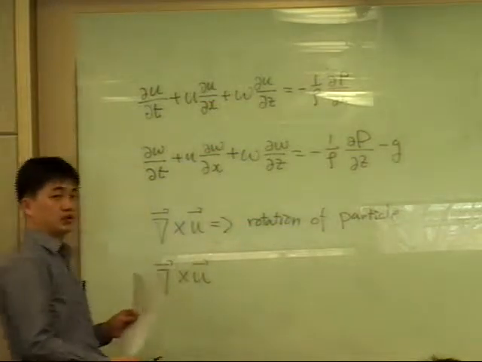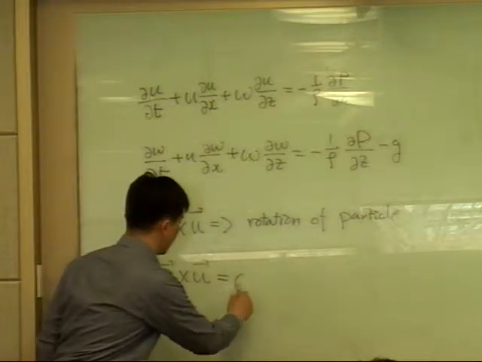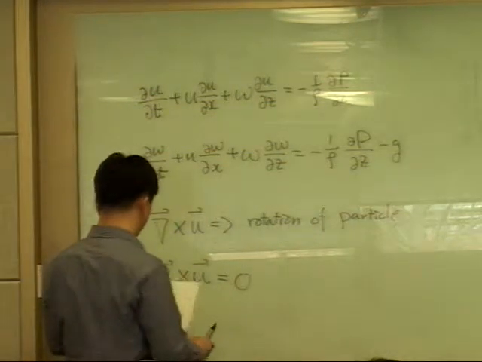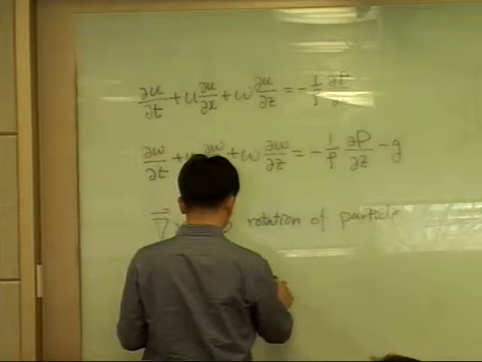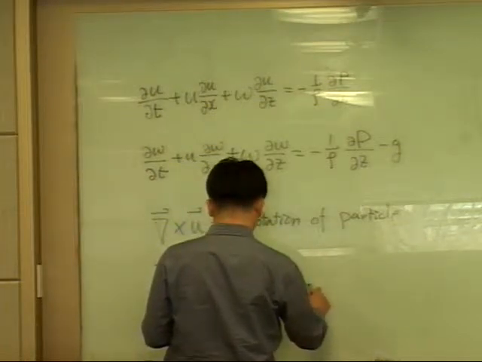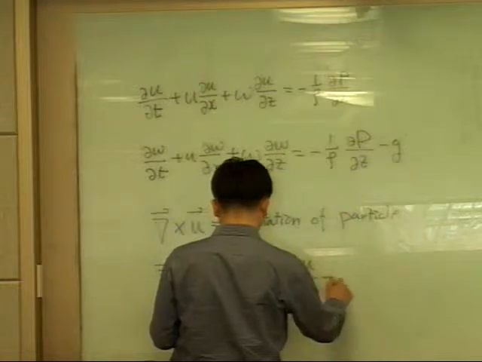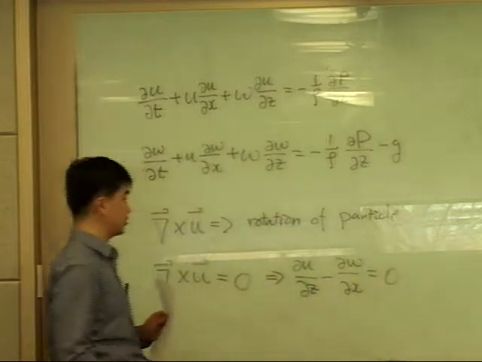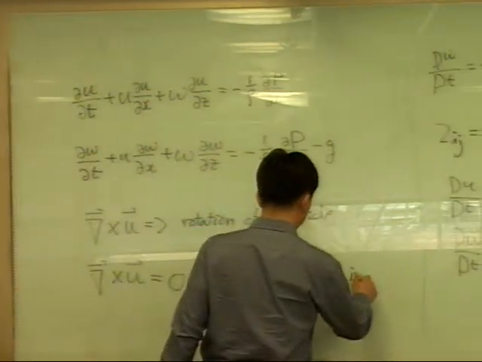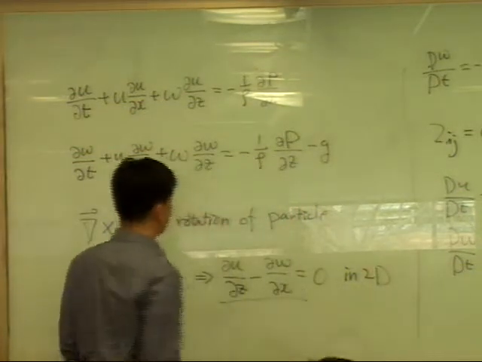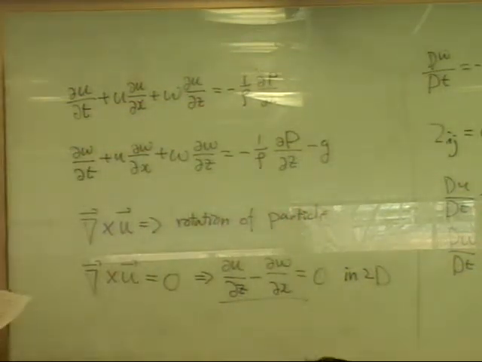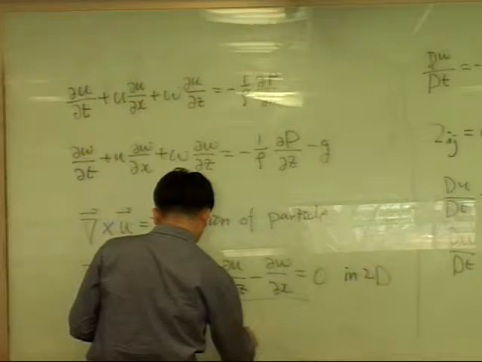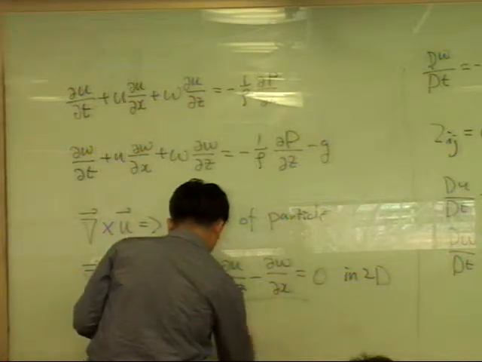In hydrodynamics, we can assume the particle rotation is 0. Then, in 2D, this means partial y of u minus partial x of w equals 0 in 2D. So this is named the irrotationality condition.